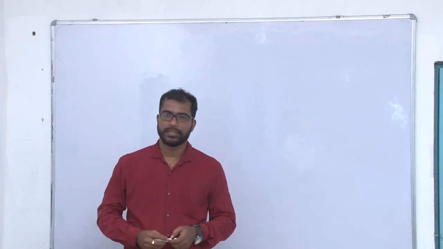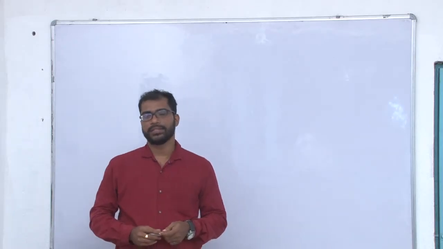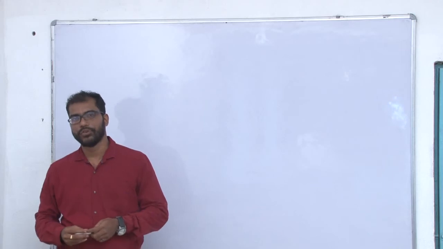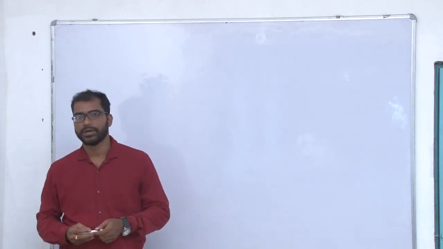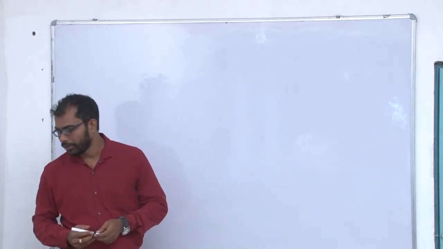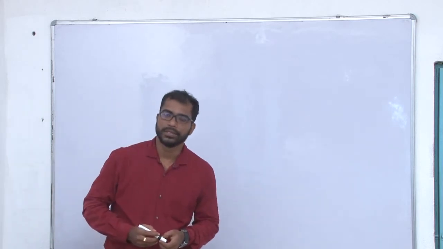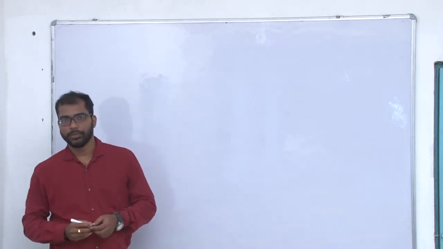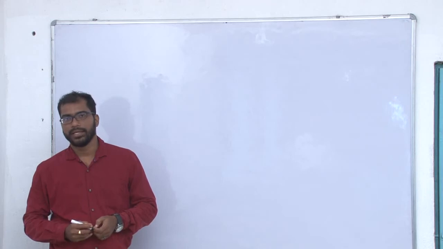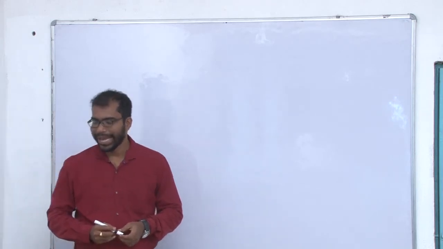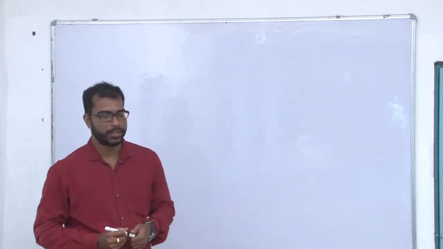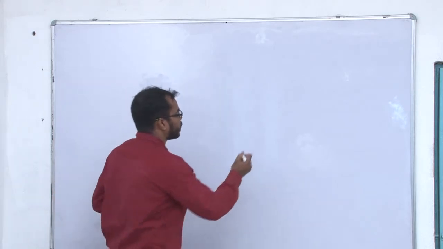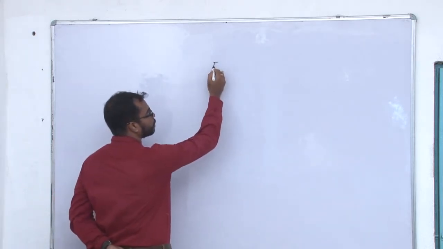Welcome to online classes. Today we will discuss exercise 4B, working out some problems from exercise 4B from the chapter Trigonometric Functions, from Elements of Mathematics Volume 1. So let's start exercise 4B.